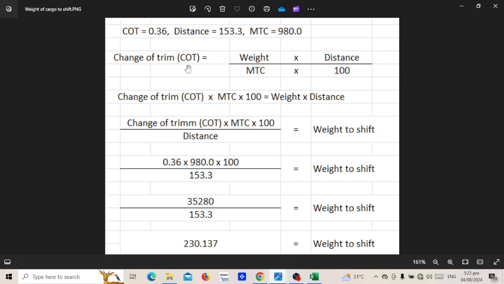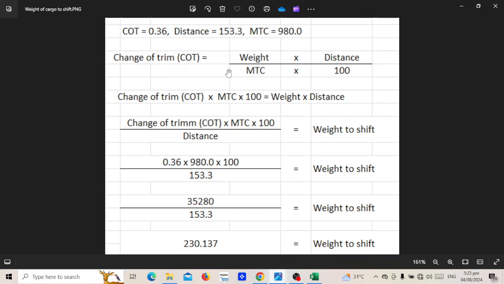The original formula is change of trim equals weight times distance over MTC times 100. Now we transpose this formula because we are only interested in how much weight we are going to load in number 1. So cross multiply.